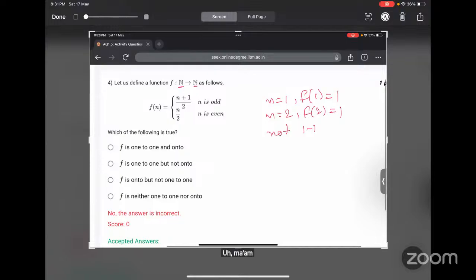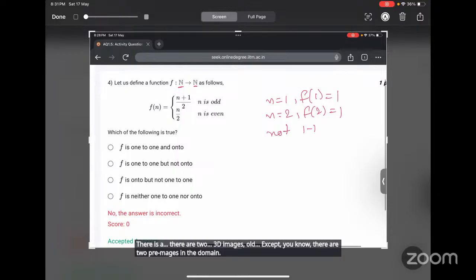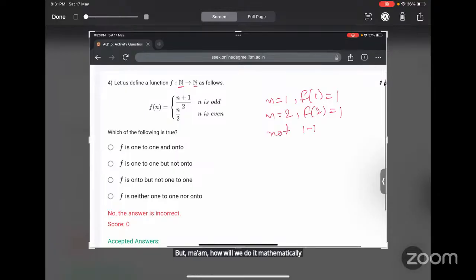Ma'am, this function seems to be onto. Okay. So what are the steps you took to prove it? For every image in the codomain, there are two pre-images, or except 0, there are two pre-images in the domain. But ma'am, how will we do it mathematically? That is the question.